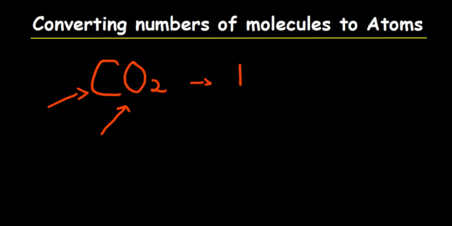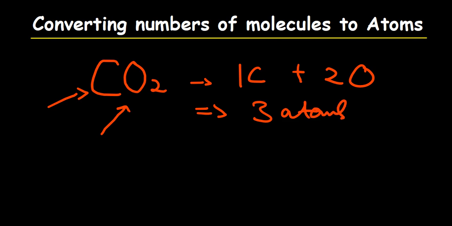It has one atom of carbon plus two atoms of oxygen. So in total, one molecule of carbon dioxide has three atoms, one being carbon and the other two being oxygen.